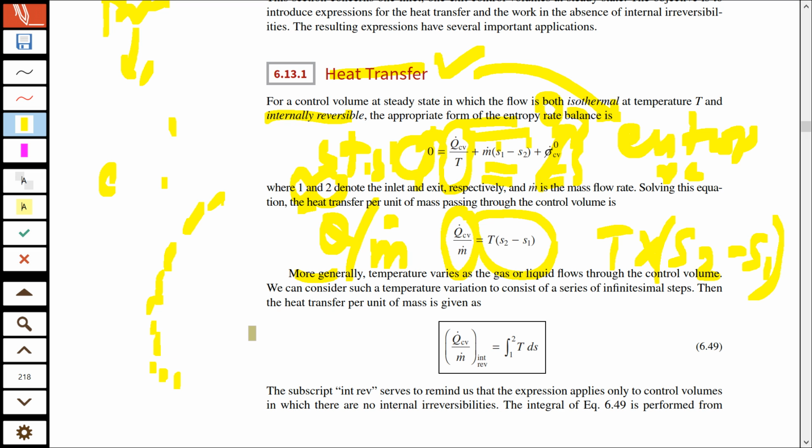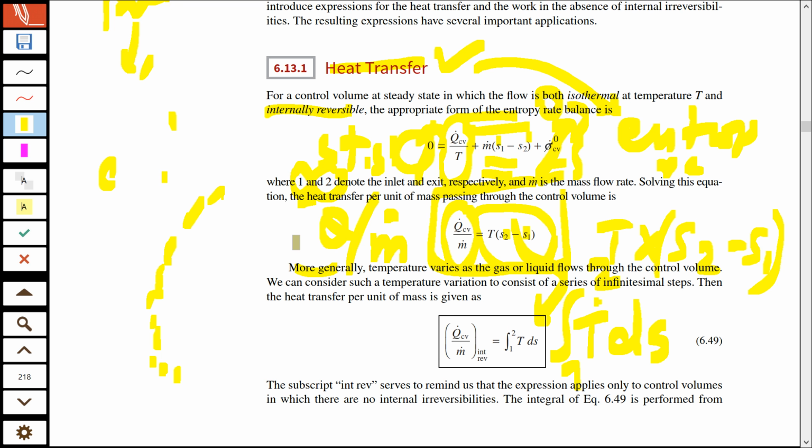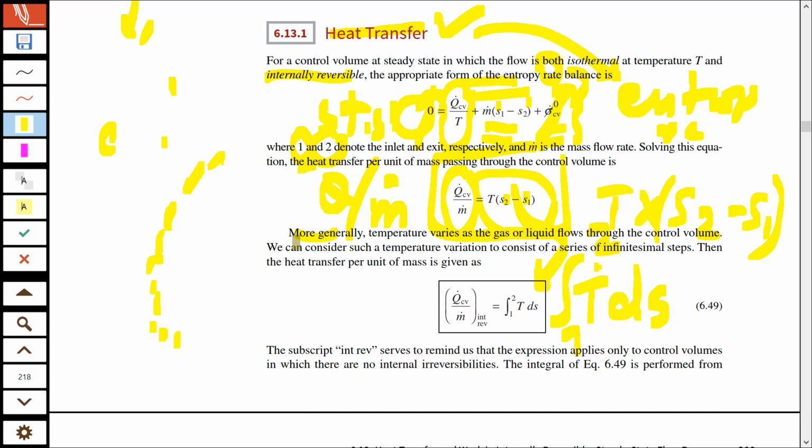So you can use this simplified picture by replacing S2 minus S1 by ds. Yeah, so you have ds, and then you integrate from state 1 to state 2.